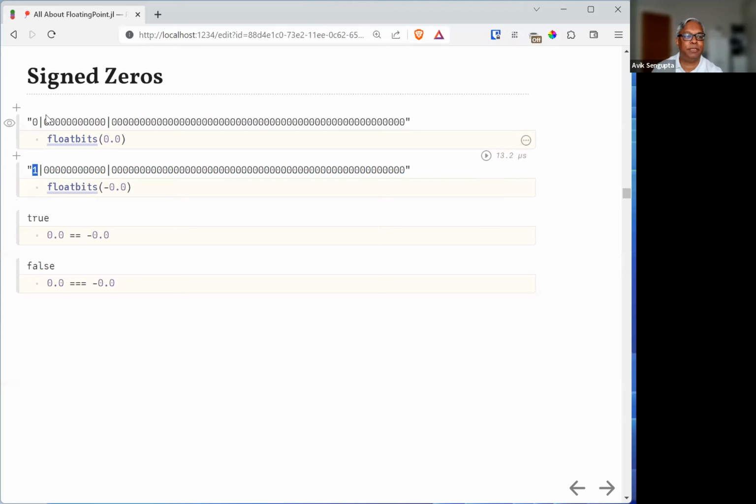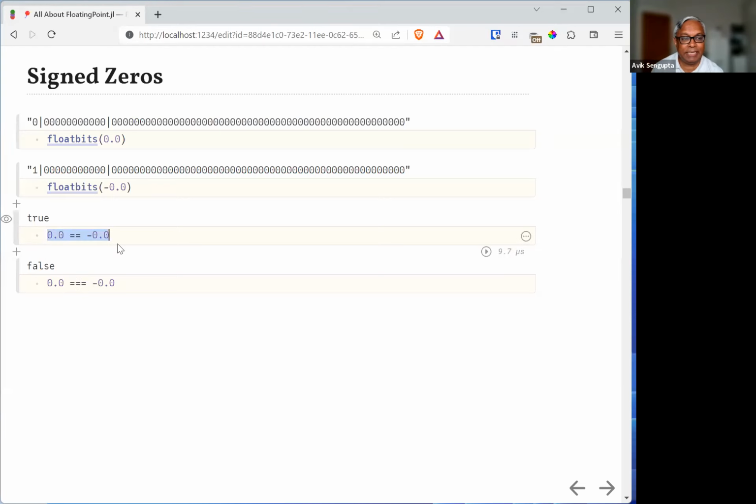So the sign bit for the positive zero is zero, and the sign bit for the negative zero is one. But in Julia, if you say 0.0 double equals minus 0.0, it will show you true. But if you use the triple equals, which is Julia's deep equivalence relationship, it will show you false, because the internal representations of plus 0 and minus 0 are different.